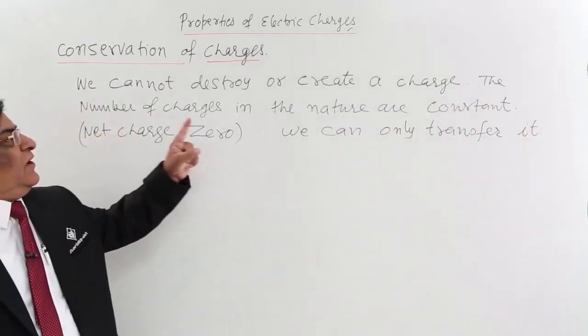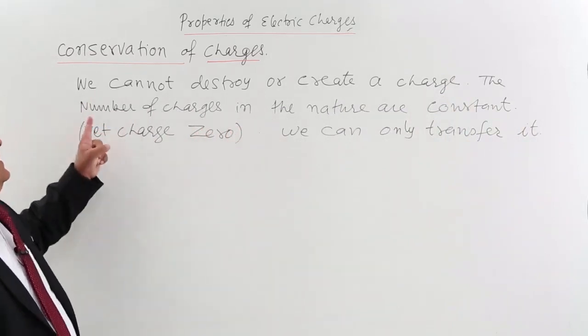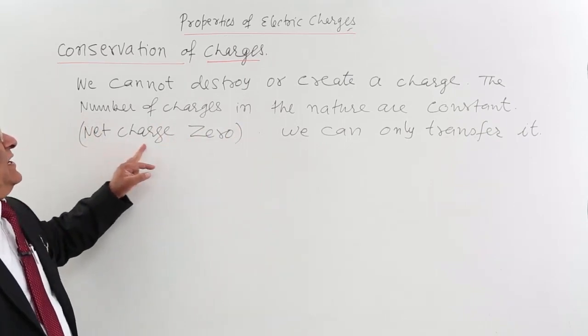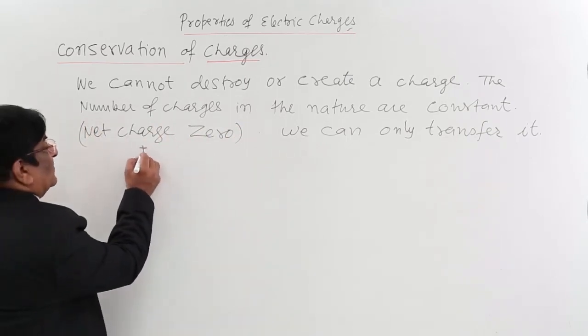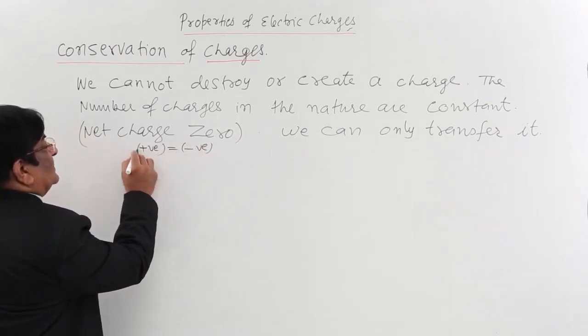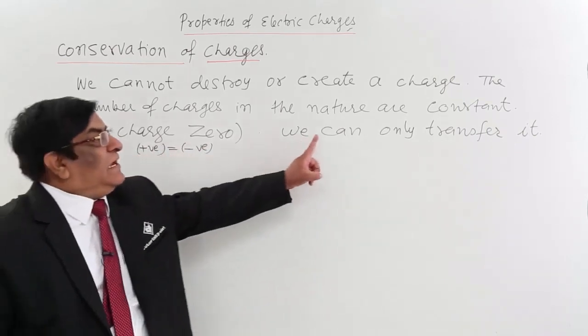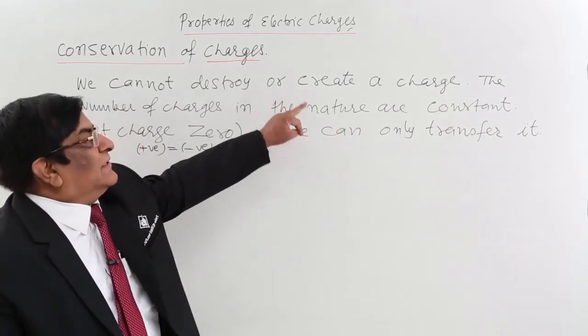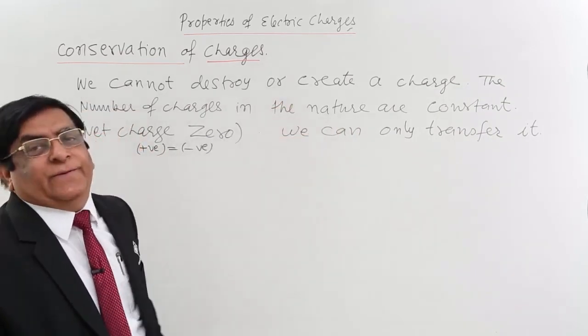We cannot destroy or create a charge. The number of charges in nature is constant and the net charge is 0. That means all the positive charges are equal to negative charges. This is a must. We can only transfer it from one body to the other body. We cannot create, we cannot destroy.